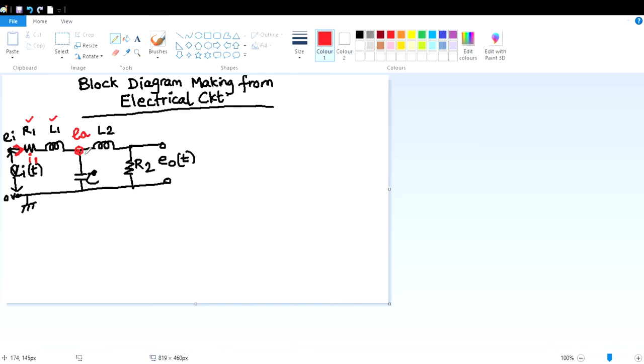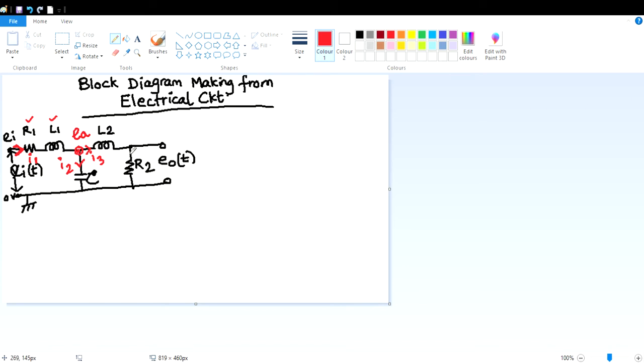Now what is happening here? As there are two branches, naturally current will follow this path as well as this path. Consider this as I2 and this as I3. Understood? Now, as I3 is flowing through this branch, naturally there will be a certain voltage drop.